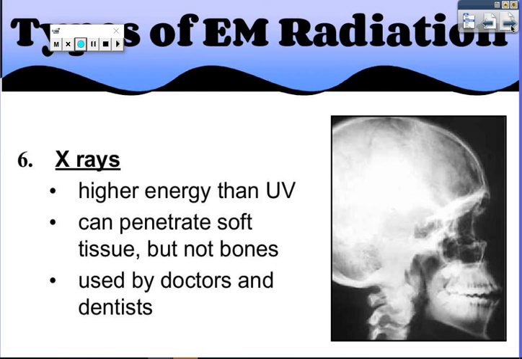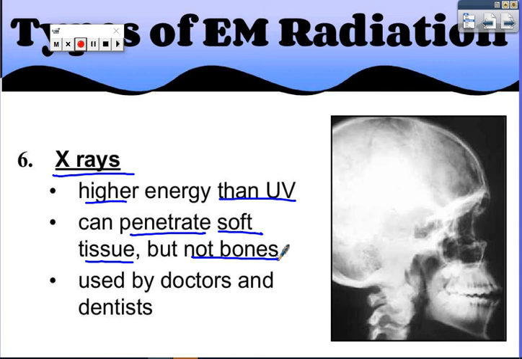Then we have X-rays, like X-ray vision. So this is higher energy than UV, so we're increasing in energy as we go. So higher than UV, and it can penetrate soft tissue but not bones. So penetrates soft tissues, not bones.